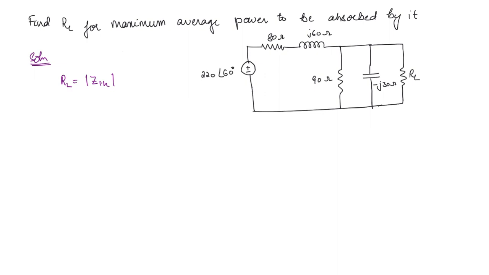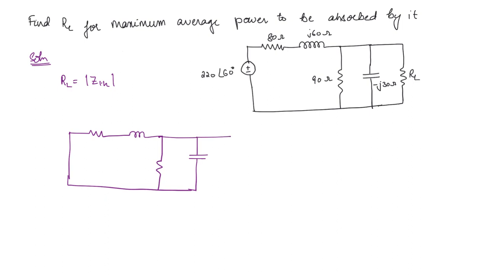Okay. So now what is ZTH? You have to find Thevenin's resistance by looking through the RL terminals. Okay. And here I have shorted the independent voltage source. So from here you have to see this is going to be ZTH. This is minus J30 ohms, 90 ohms, 80 ohms and J60 ohms.